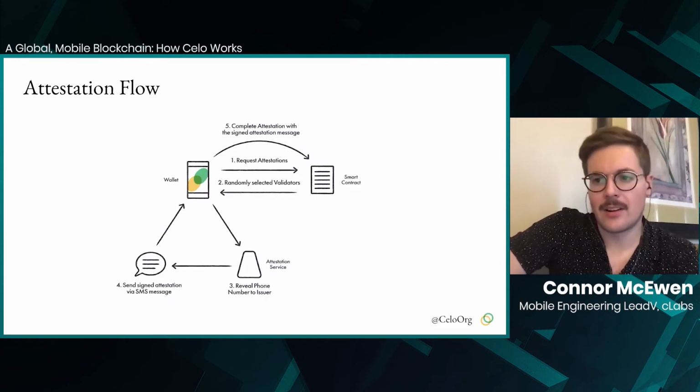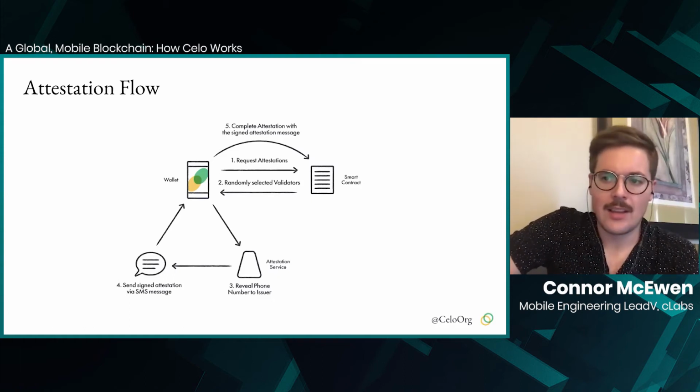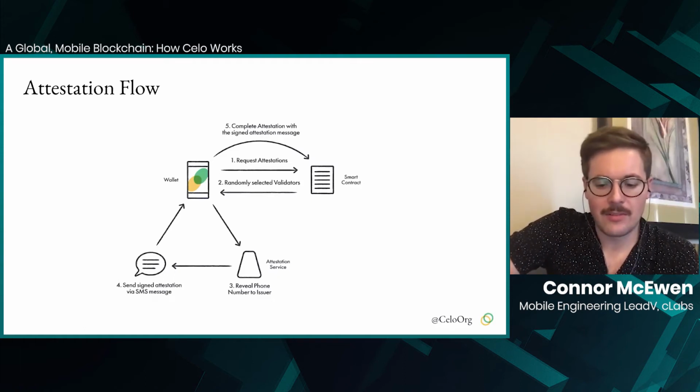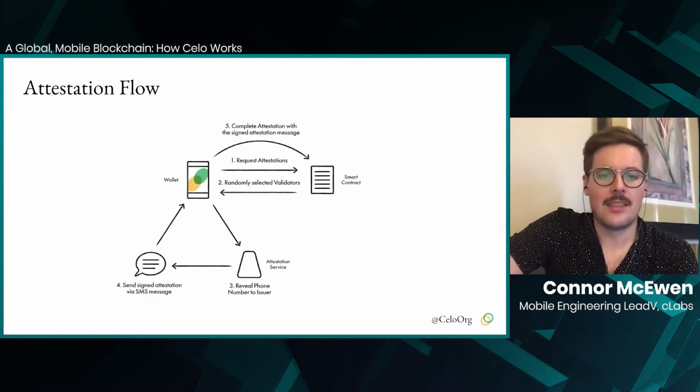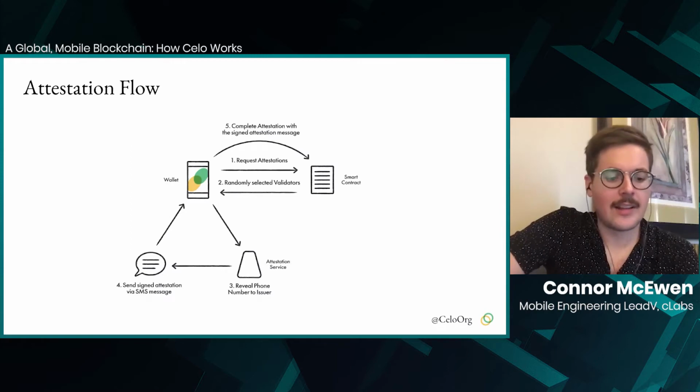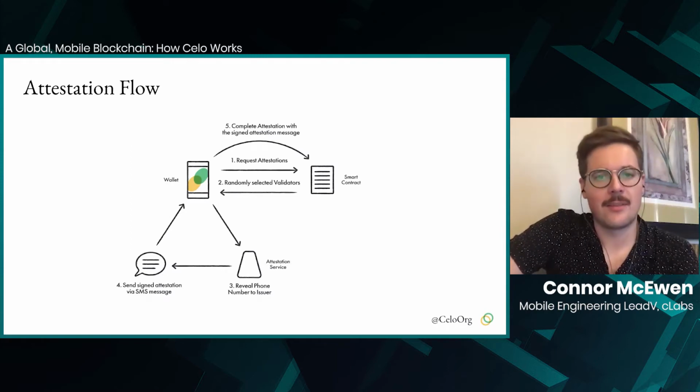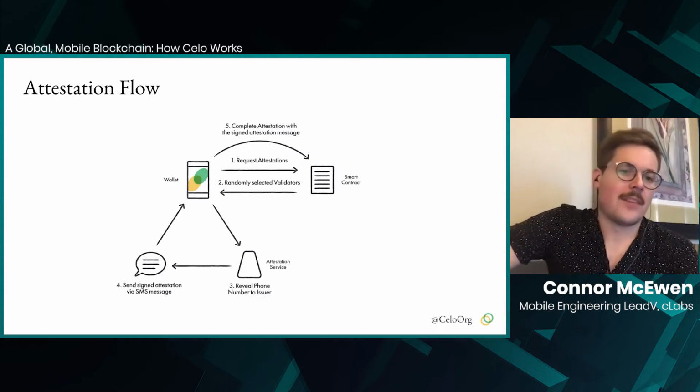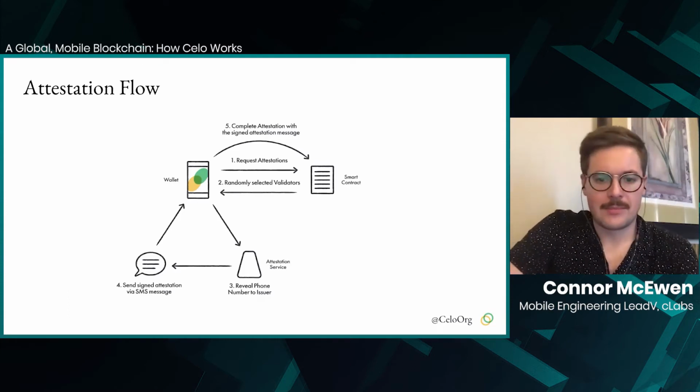So validators are running the Celo blockchain, but then they also run this attestation service, which enables them to verify user phone numbers. As I mentioned, the validator to send the text message is randomly selected from the current set to prevent any collusion between validators trying to map a specific phone number.